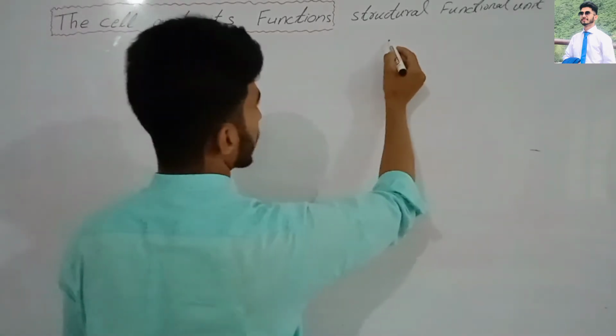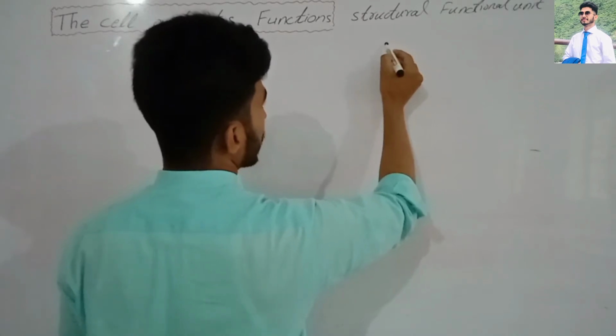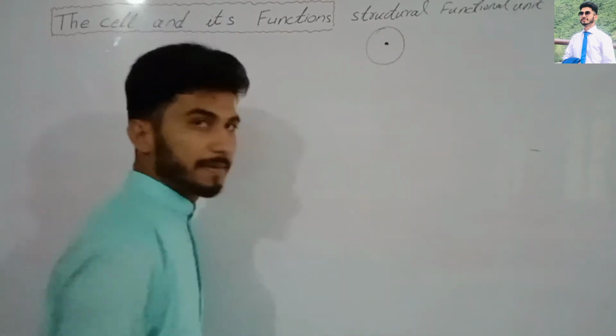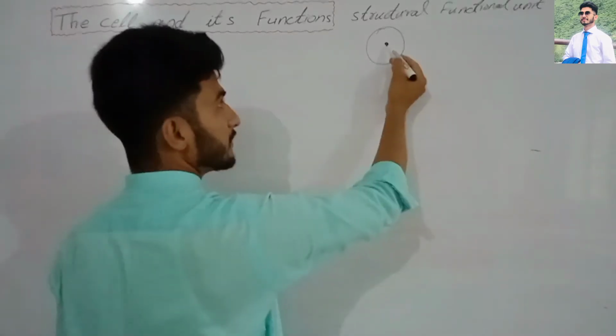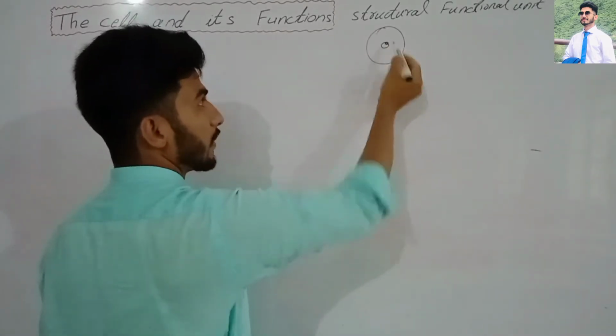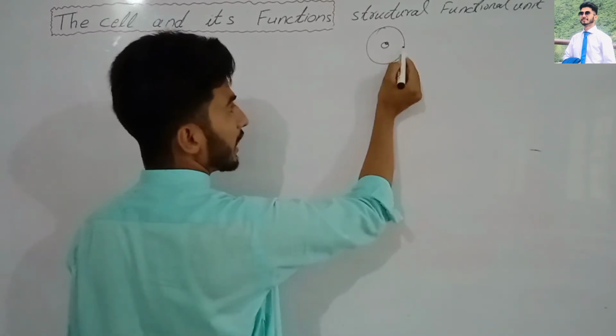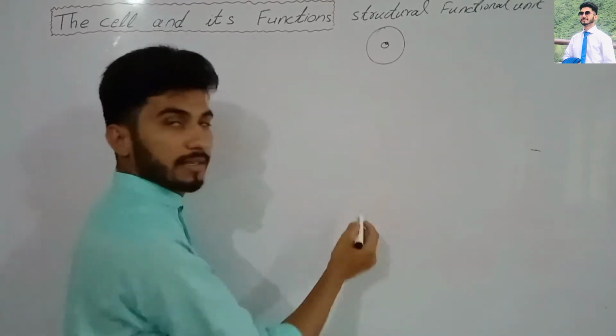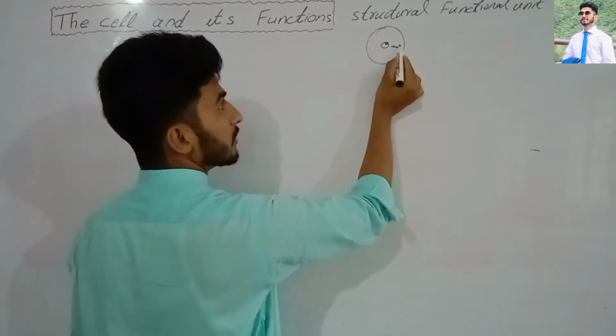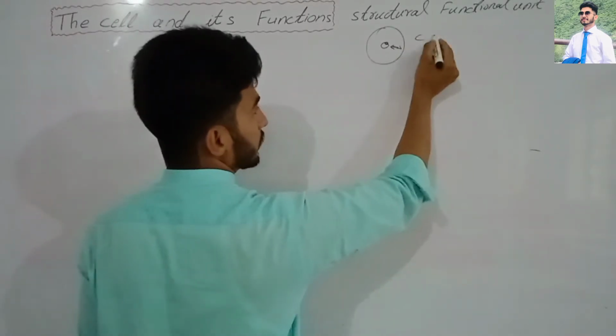Actually, this is a cell and this is the nucleus. The space between the nuclear membrane and the plasma membrane is known as cytoplasm.